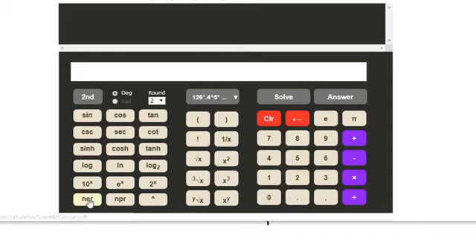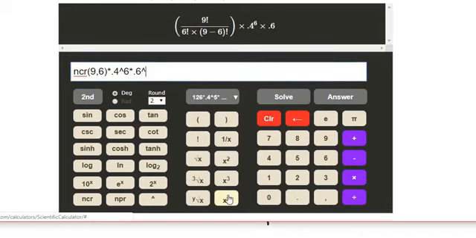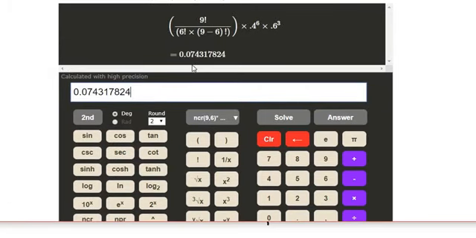The first step is to find the combination of 9 choose 6, then times 0.4 to the 6th power, times 0.6 to the 3rd power. I entered that calculation all at once, and I find that that probability is 0.0743.